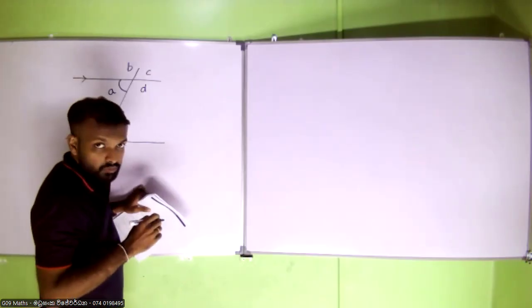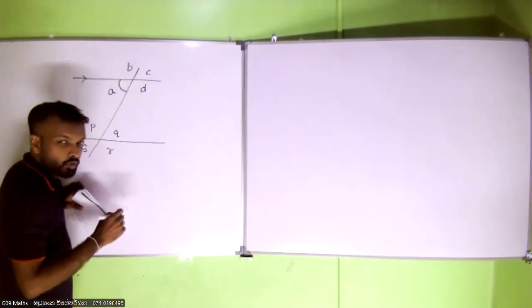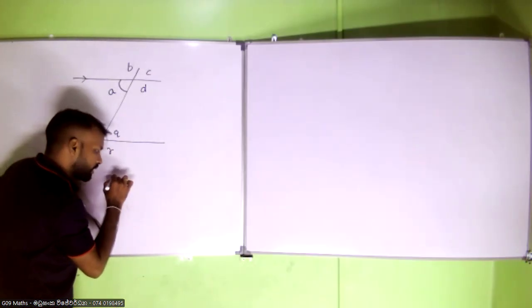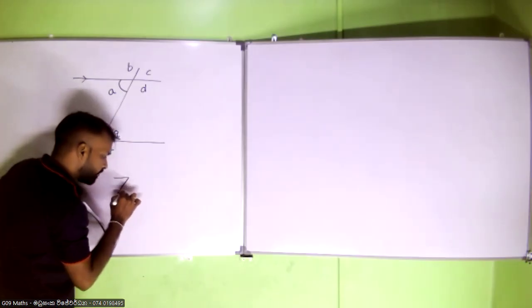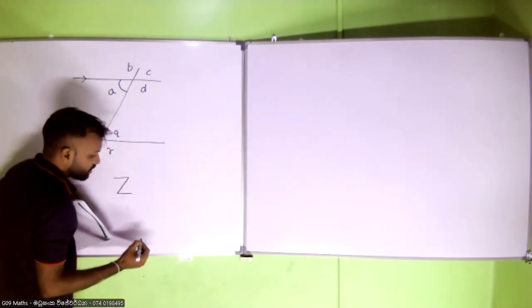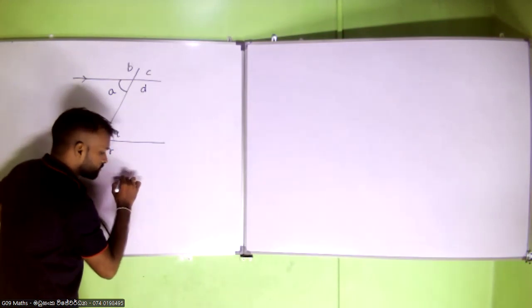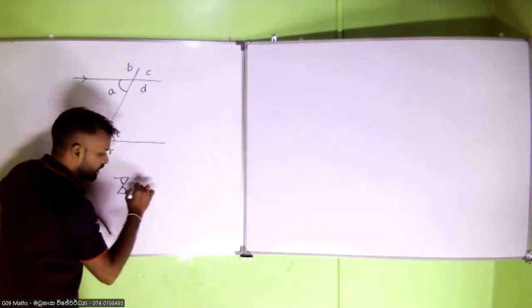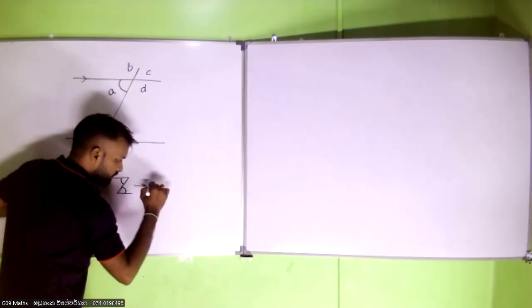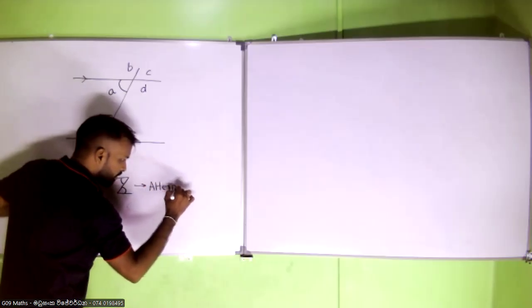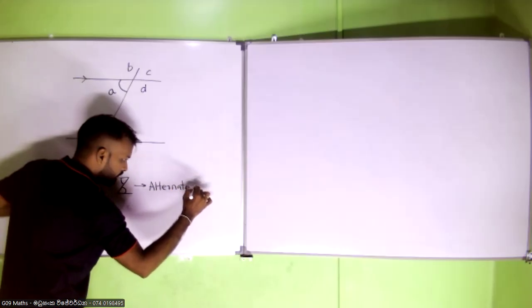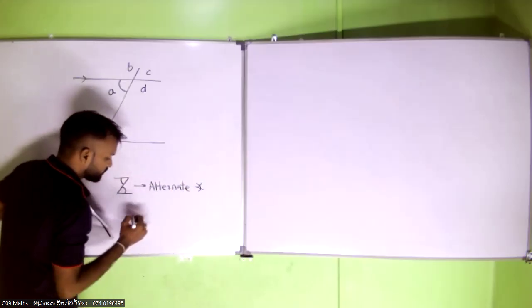And I told you last week I am going to give you a recap. This Z type of angles: this angle and this angle are called alternate angles.